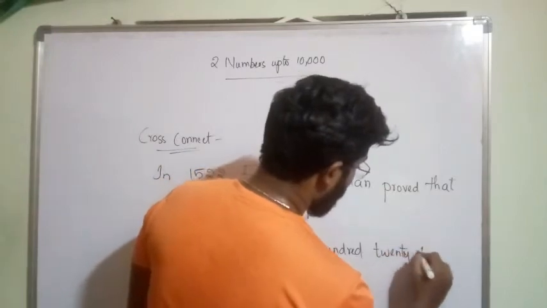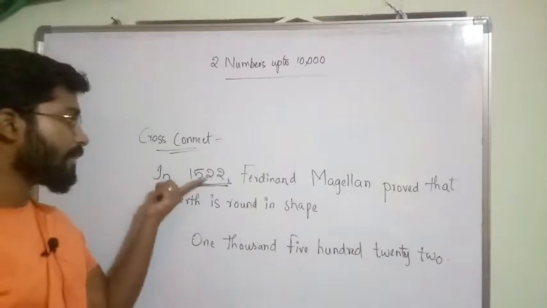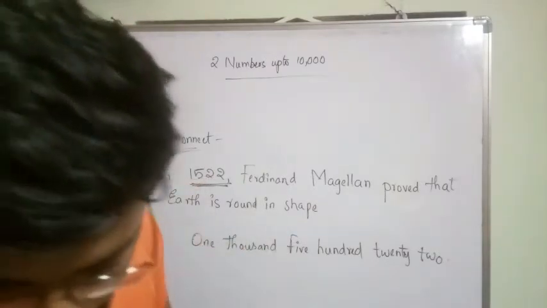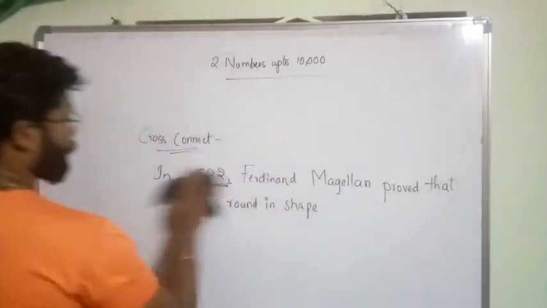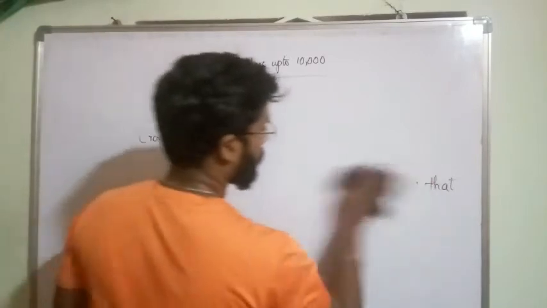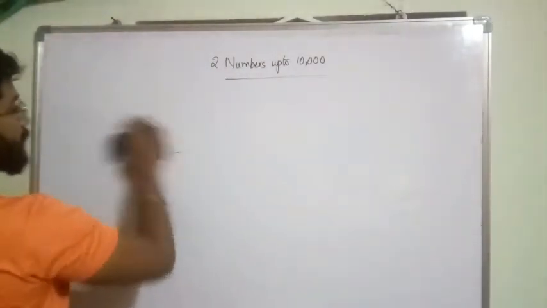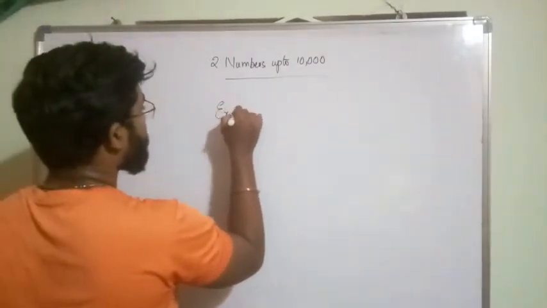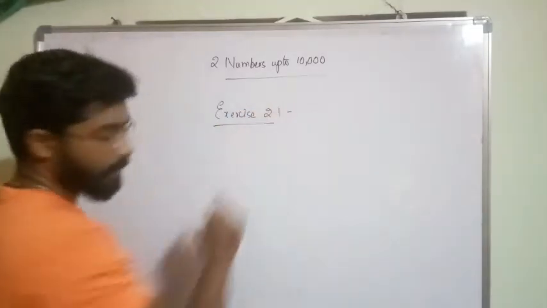So here there is exercise 2.1. In this, write the number names for the following numbers.